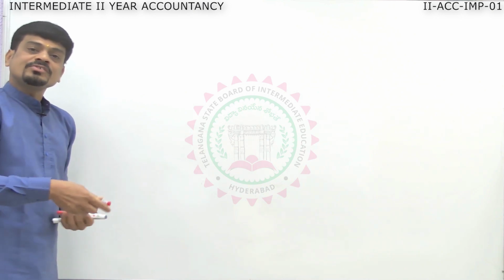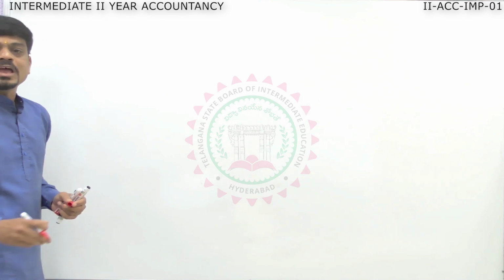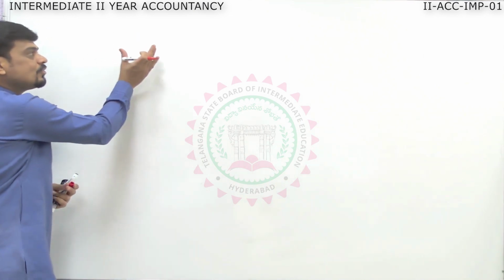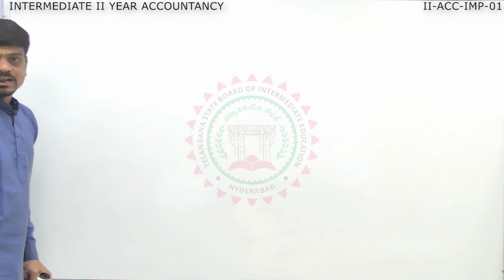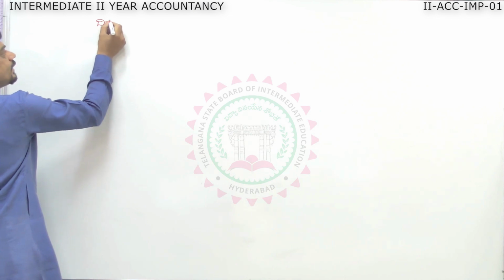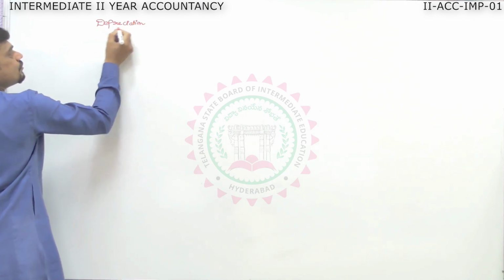So, to start with, without wasting much time, let us see chapter-wise questions for 2 marks and how much should be the content of each answer. So, to start with, I am starting with your chapter called Depreciation.